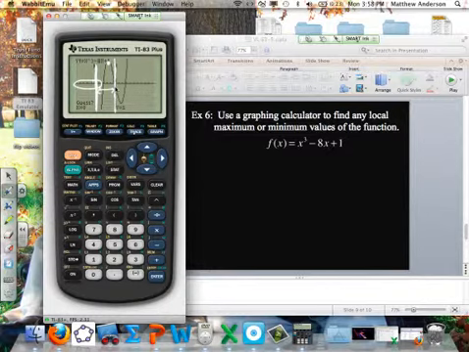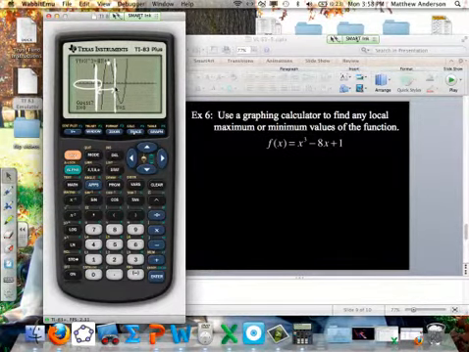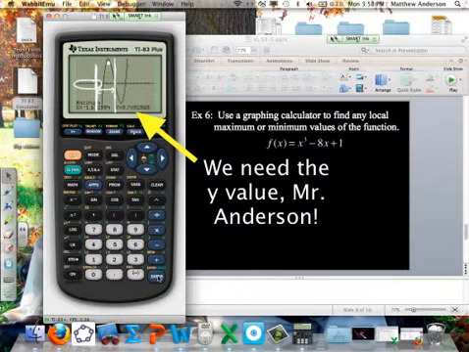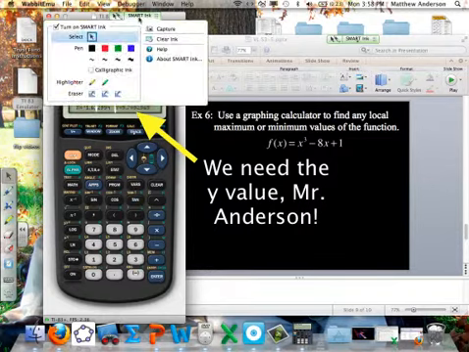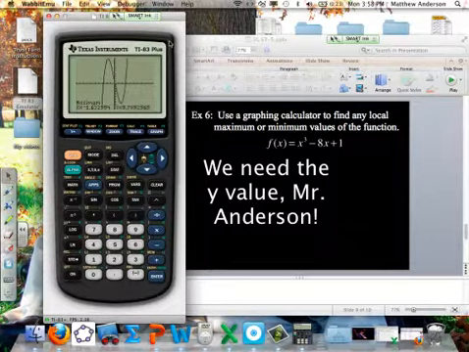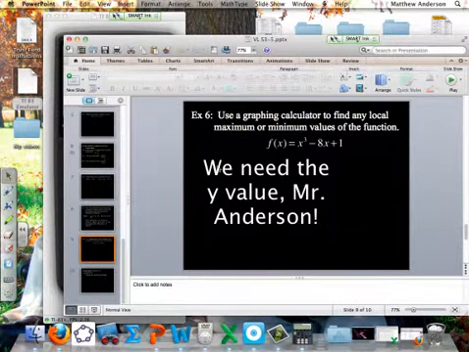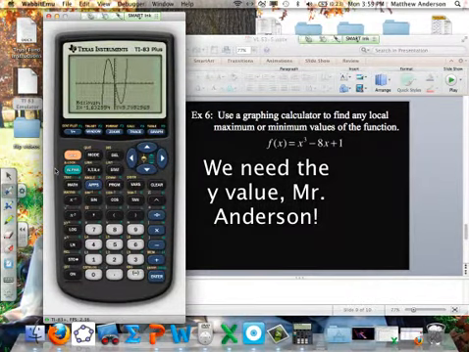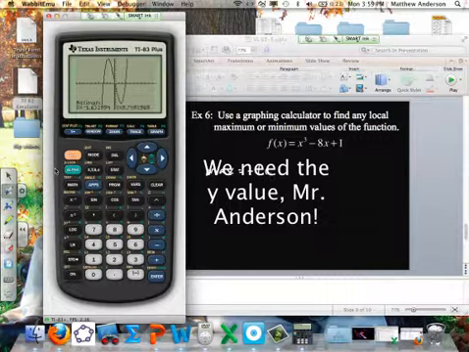Then for some reason the calculator asks us to guess. I don't want to guess, so I'm just going to push enter again. And we can see that it gives us this value of -1.63, so the maximum is -1.63.